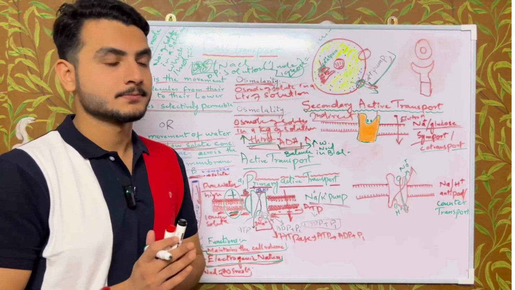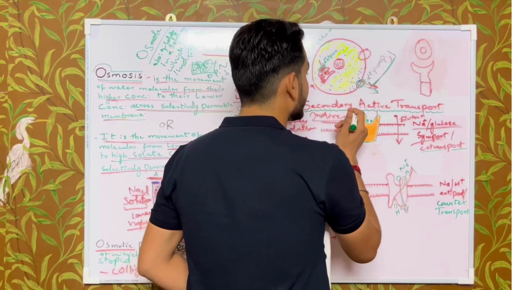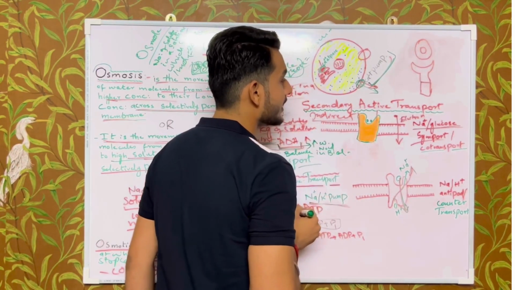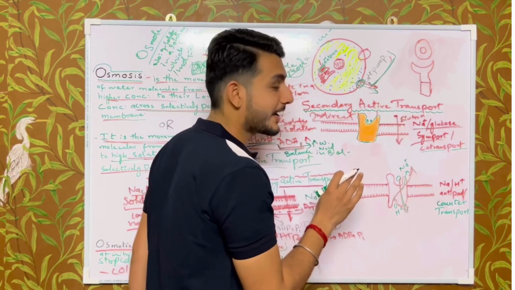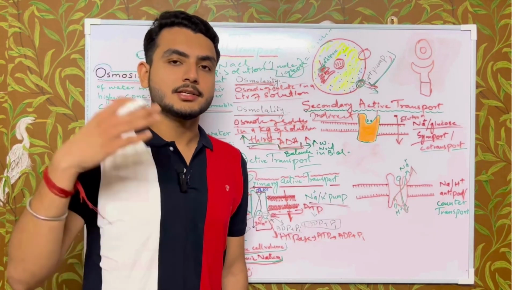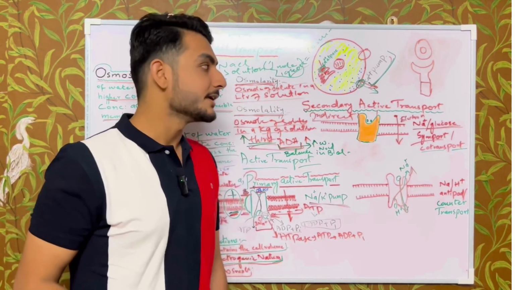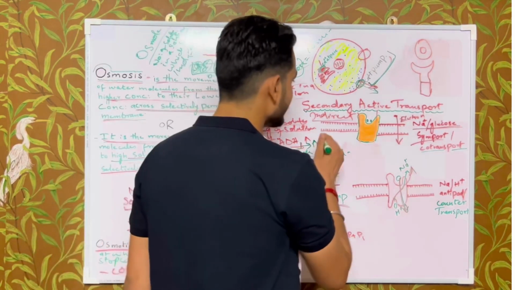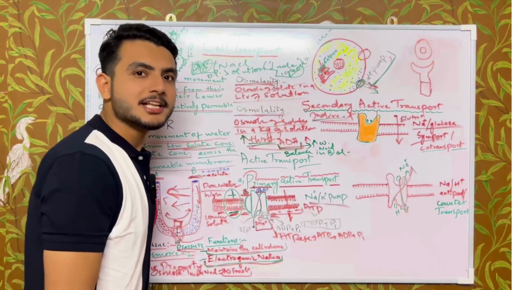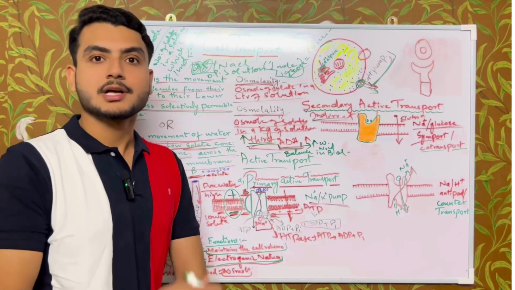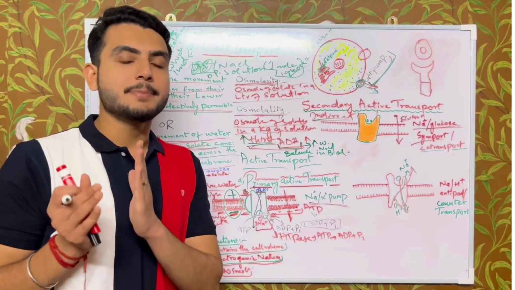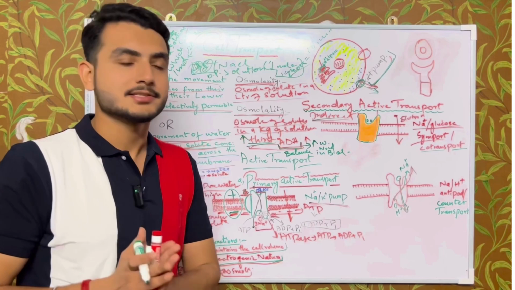There is another type of active transport as well, which is known as secondary active transport, in which the source of energy is not direct cleavage of ATP. It comes through an indirect source. How? We know that the sodium potassium ATPase was throwing 3 sodiums outside, and we also know that the membrane's permeability for sodium is much lesser.